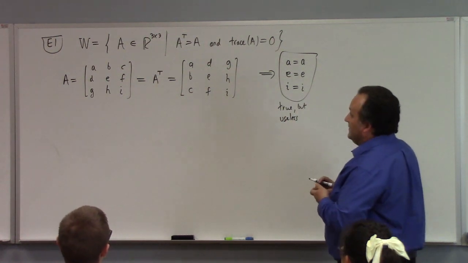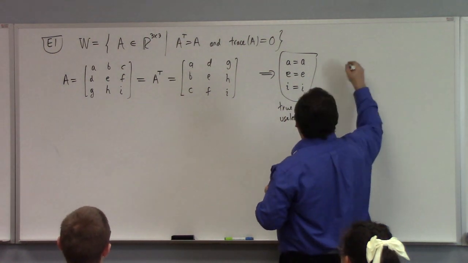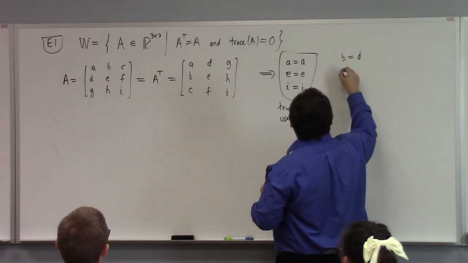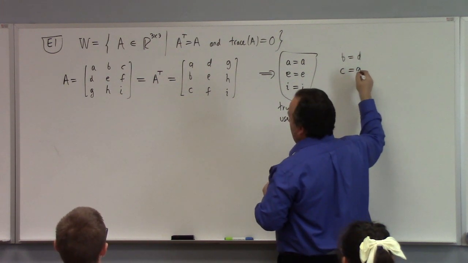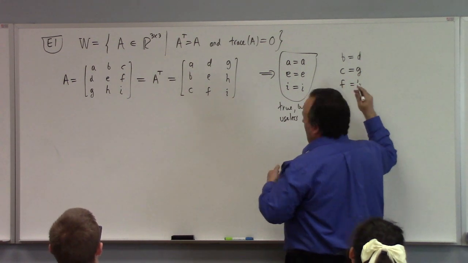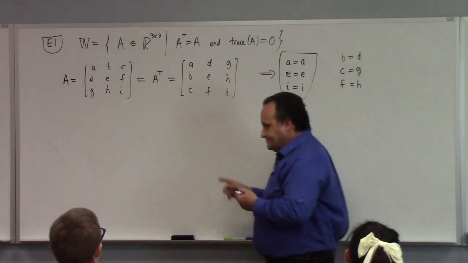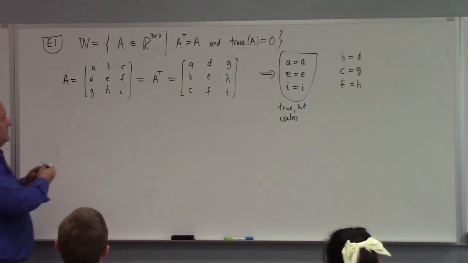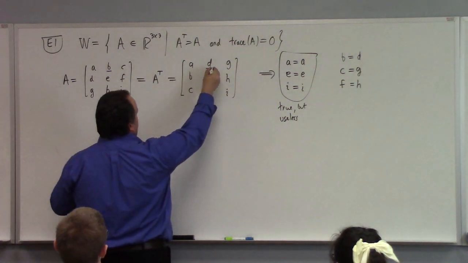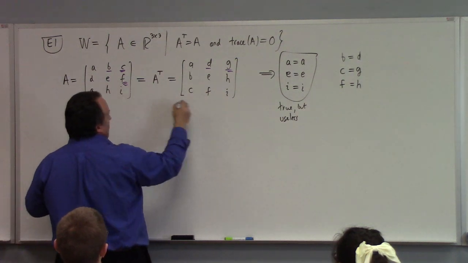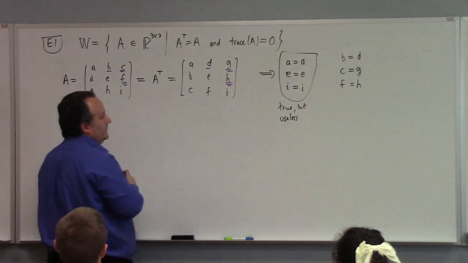What's more exciting is we have what? B equals D, C equals G, right? And F equals H. I've got those from equating above the diagonal, right, guys? Like this and that, this and that, this and that, right?